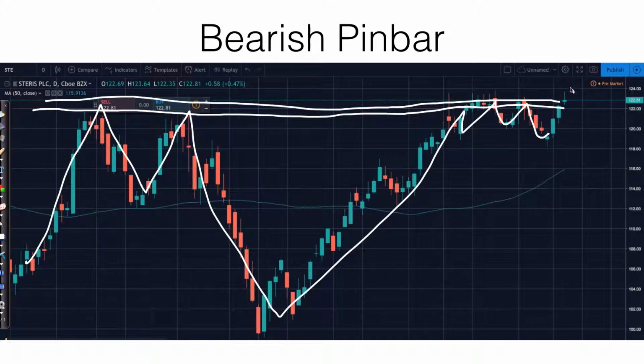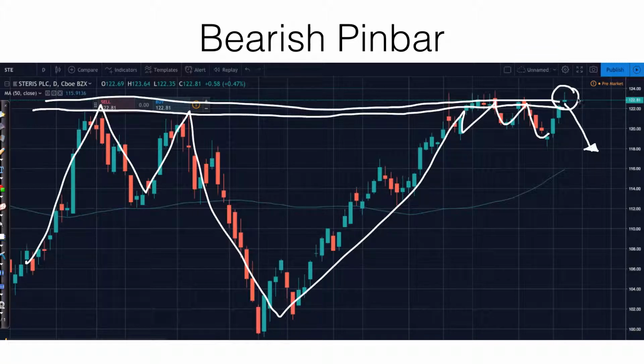And now you see here this candle. So this can be a signal that the price again tried to break through this resistance, but it could not. So what would you expect now? Well, it's more likely that the price will keep going down. But again, it may not.